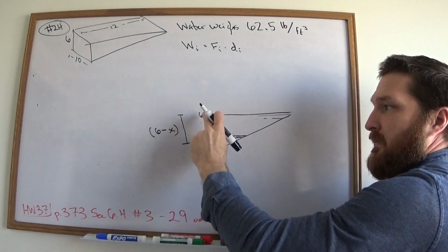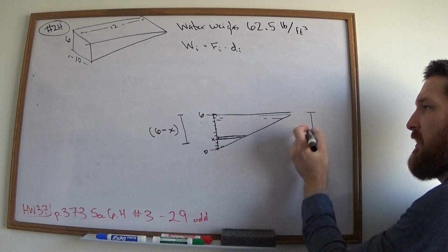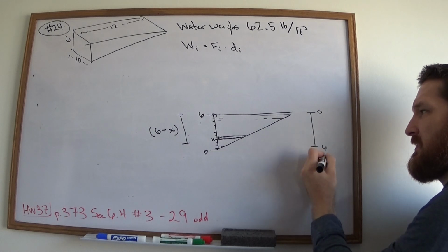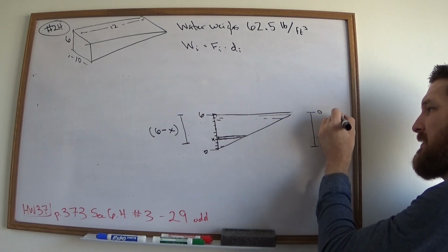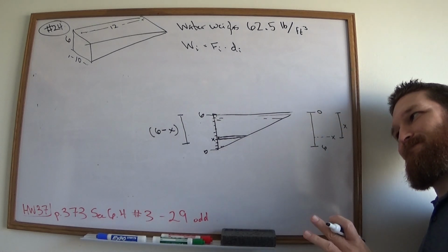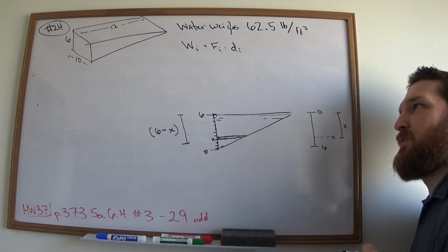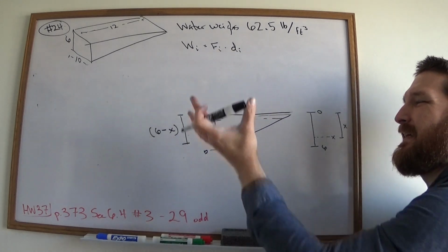Another way we could have done it is said, okay, well, if I call this 0 and call this 6, then if we're here at x, then the distance that I have to lift him up through is just x. I don't know which one's easier. It might work out like a negative area.